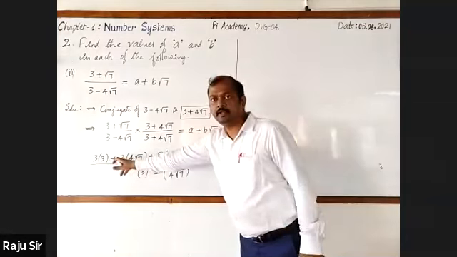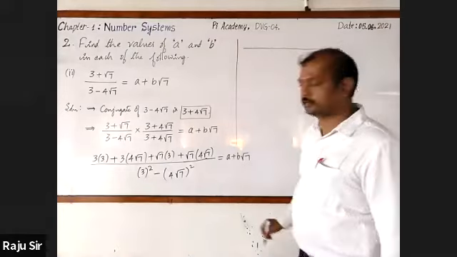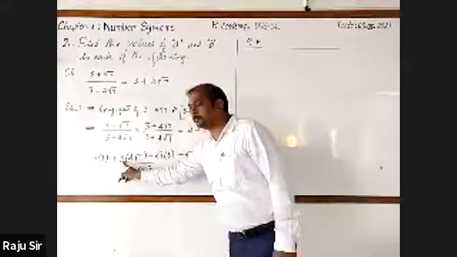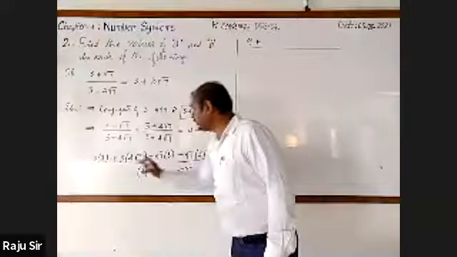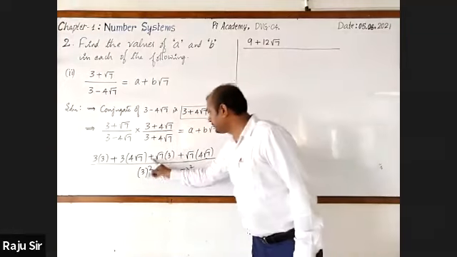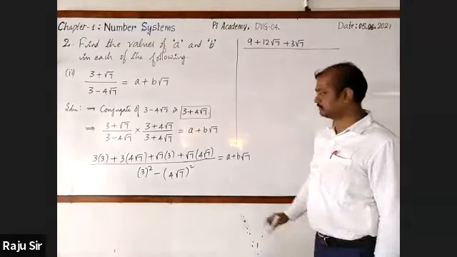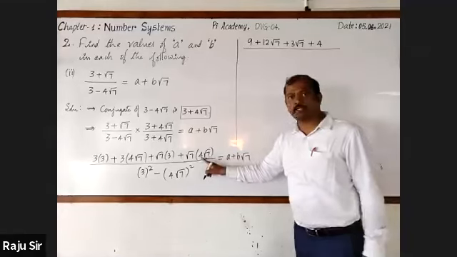Now let us simplify the numerator. Write with me. 3 3s are 9, plus, multiply only coefficients, 3 4s are 12 into root 7, plus 3 into root 7 as it is, plus 4 coefficient is 4 as it is.